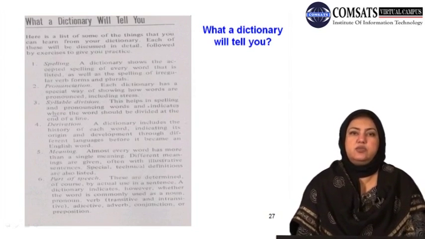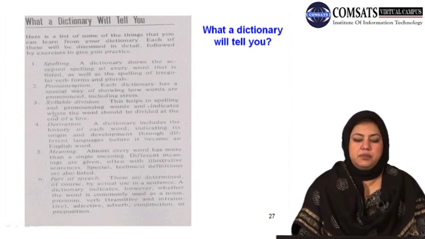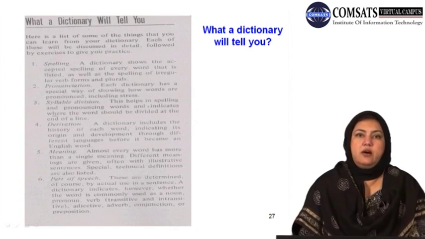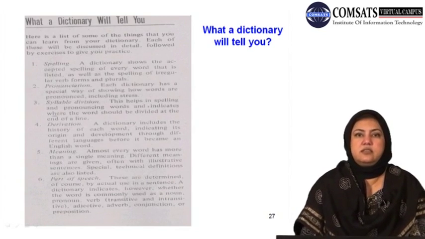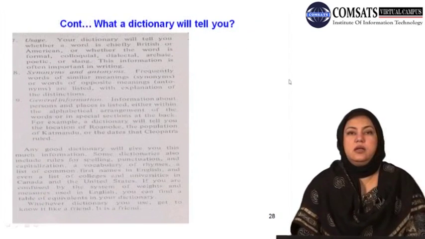And some good dictionaries would also provide you some examples of how it would be used as a noun, for instance, and how when it would be used as a verb, how its pronunciation would be changed, for example, or how it would be placed as a transitive or intransitive verb, etc.